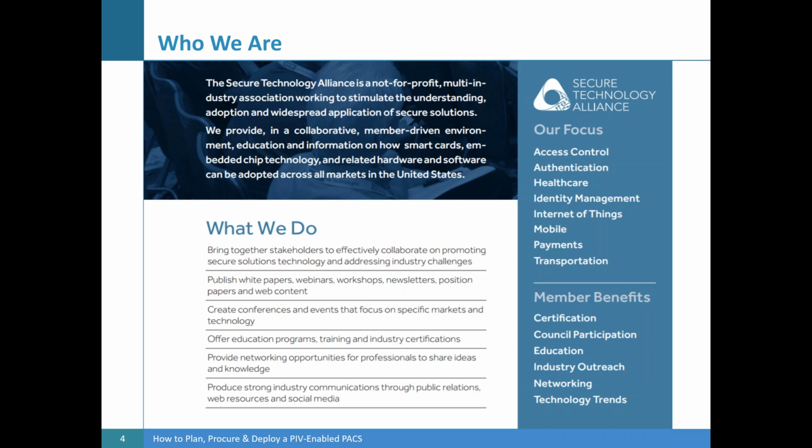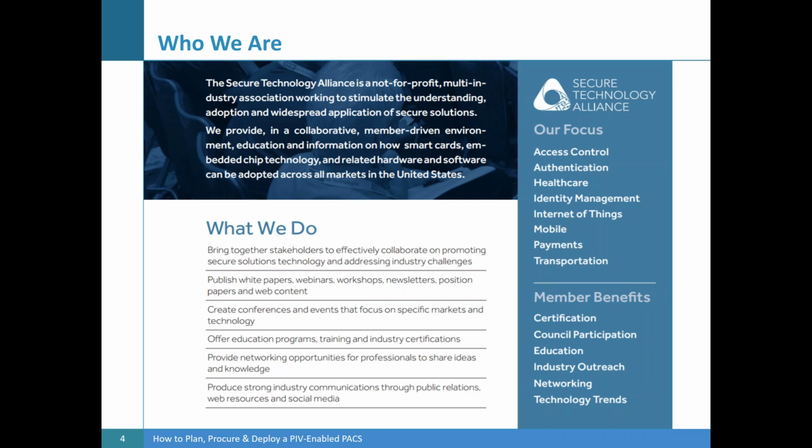For those of you who may not be familiar with the organization, here's a brief overview. The mission of the organization, as a nonprofit, multi-industry association, is to stimulate the understanding, adoption, and widespread application of secure solutions. We provide this in a collaborative, member-driven environment to do education and information sharing on how both smart cards and other forms of secure technology, like embedded chip technology and related hardware and software, can be adopted across all markets in the United States.